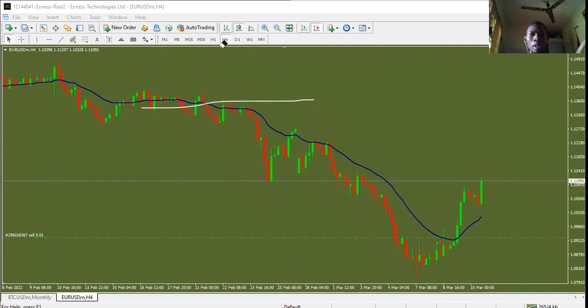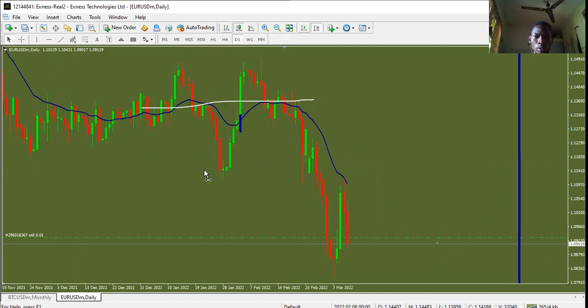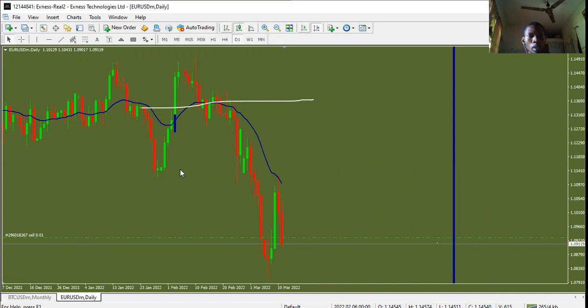And now we are here. This thing did not load. It was still respecting the level. This is it. Now, if you come down to this particular point, this 1 hour level, I don't know if this thing has loaded.